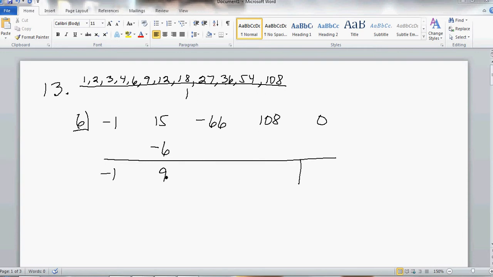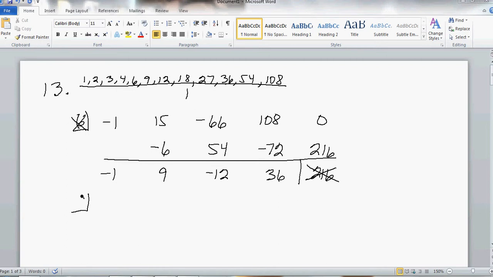Add, we get 9. 9 times 6 is 54. Add is -12. -12 times 6 is -72. Added here would be 36. 36 times 6 is 216 or something like that. Okay, we're not going to get to 0. So 6 didn't work.